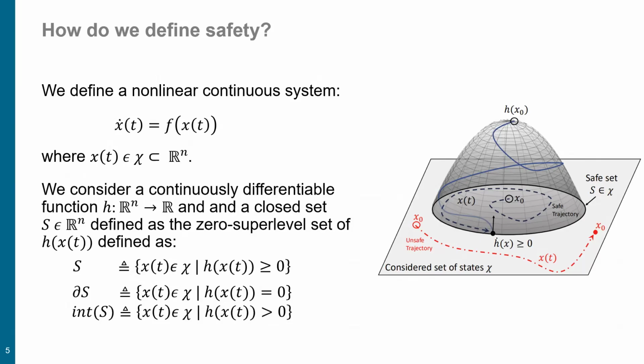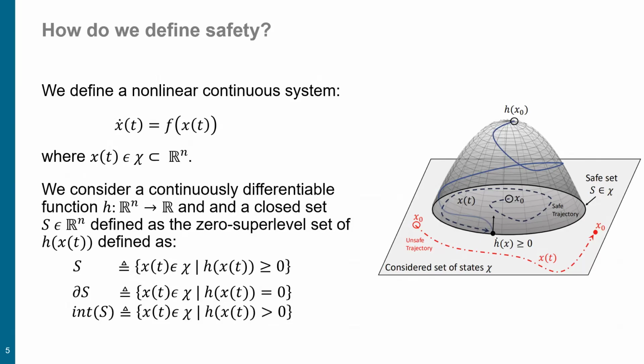So it has a notion very similar to the Lyapunov functions, but it's easier to construct such a function, or at least a candidate. And from there on, we can use this as an evaluation point to see if the system is safe.